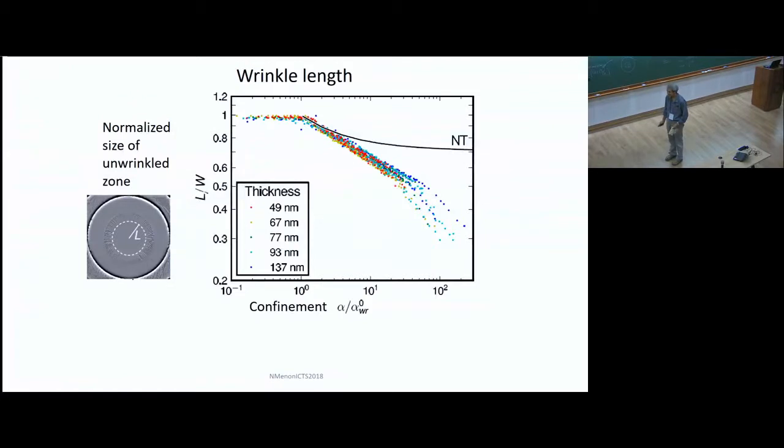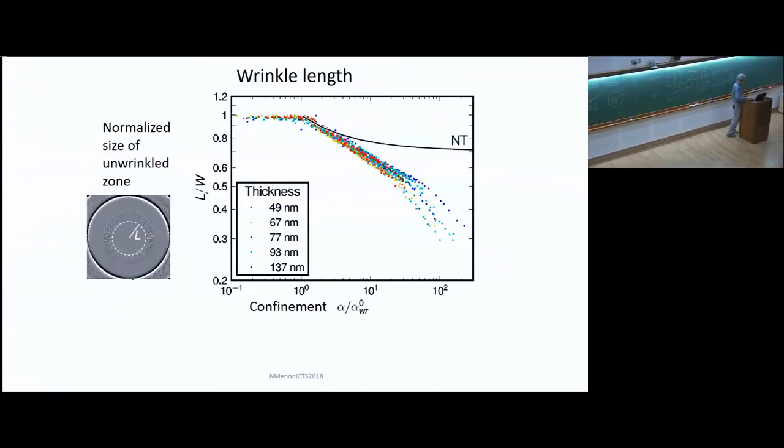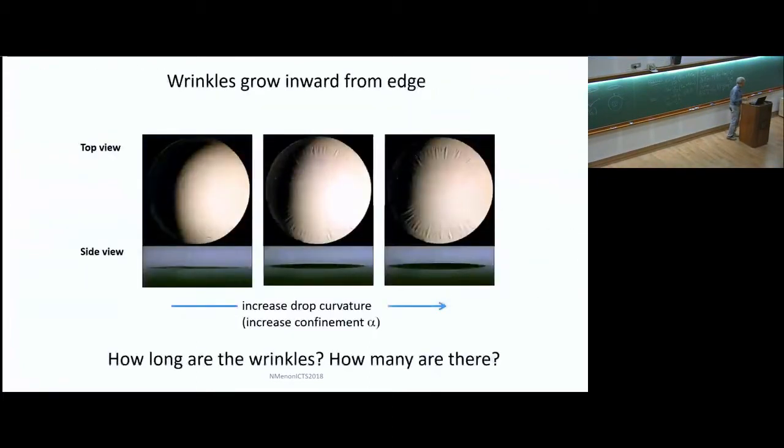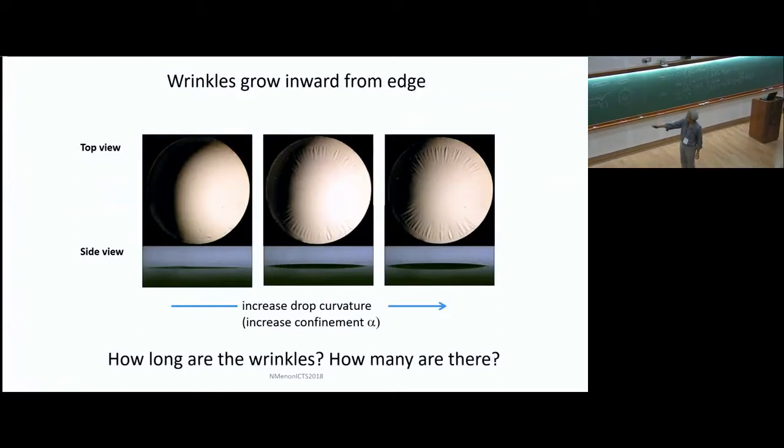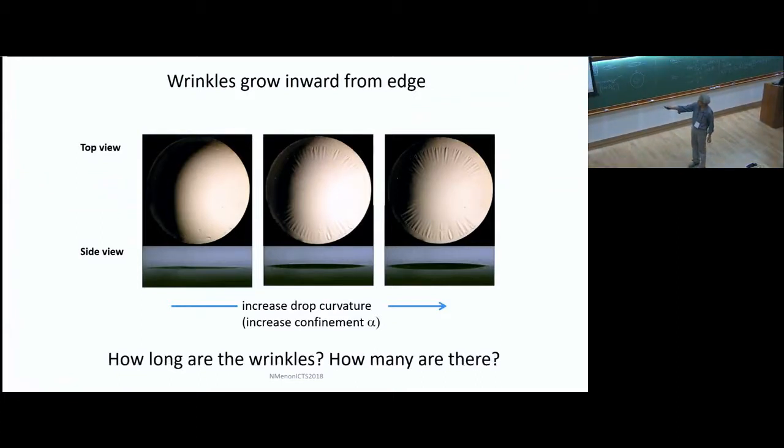Say again? Inner and outer radius of the wrinkles. Yes, absolutely. So, as you change the curvature of the sphere it's sitting on, the length of the wrinkle slowly increases.